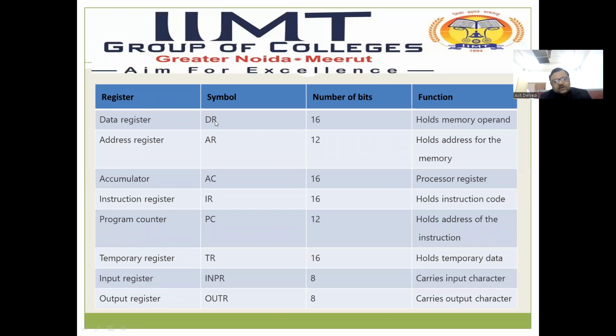And these are the symbols for the different registers: data register DR, address register AR, accumulator AC, instruction register IR, program counter PC, temporary register TR, input register INPR, and output register OUTR. And these are the numbers of bits of the registers.